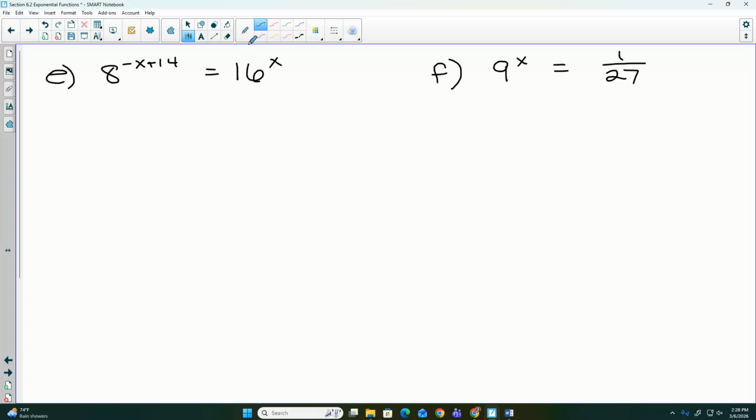Is 8 a power of 4? So what would we do? 2. 8 is 2 to the what power? 3. Okay, 16 is 2 to the 4.